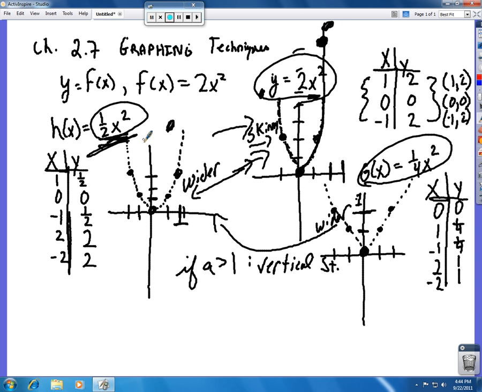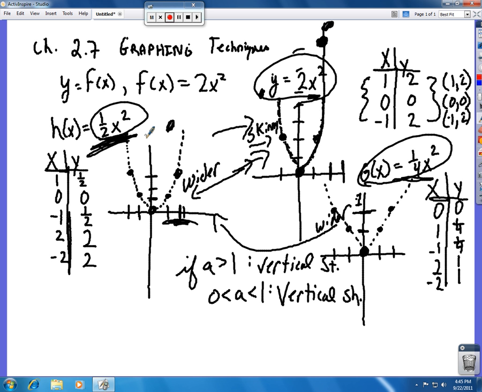These two here, we had the coefficient in front of x squared as a half and a fourth, so therefore it's less than 1 but greater than 0. So if a was less than 1 and greater than 0, this one would be more of a vertical shrinking. Vertical shrinking. And as we said over here, with this function, as you plug in 1, you're going to end up getting 1/2.